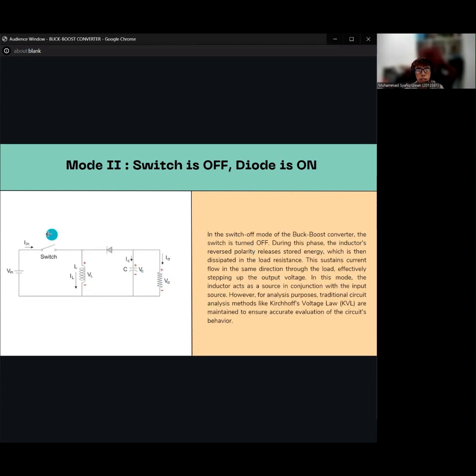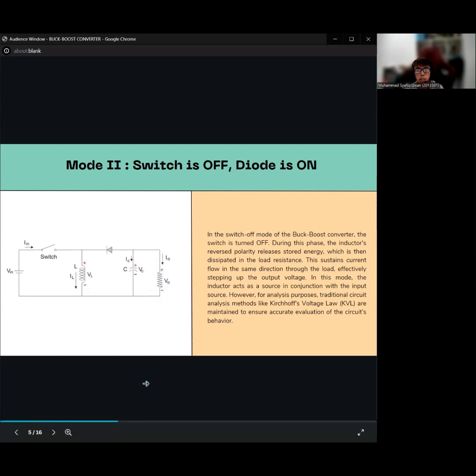On the other hand, a circuit showing the buck boost converter when the switch is off while the diode is on. So here the switch is currently open. During this phase, the inductor's reverse polarity releases stored energy, which is then dissipated in the load resistance here.